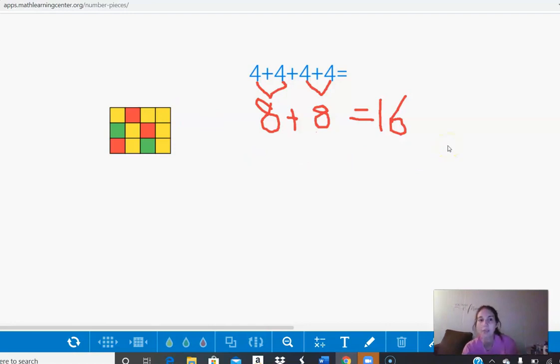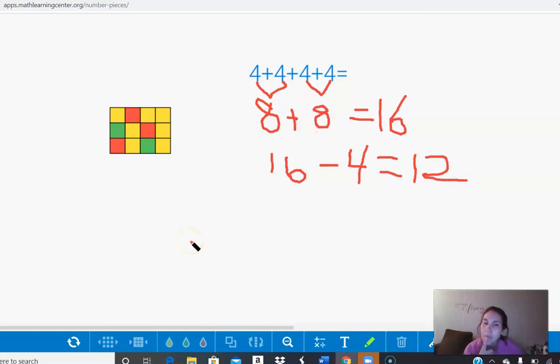How many are we left with? 16 minus 4, because we took away one row. So now we have 3 rows of 4. That gives us 12.